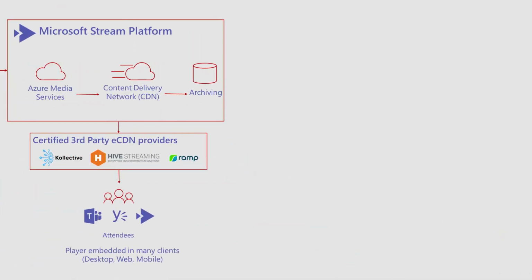As I mentioned, this is delivered via Azure. If you have anticipated that you will have a lot of internal users that will consume your stream, in order to avoid breaking your internet breakout, you should consider talking to Collective, Hivestream, or Ramp in order to make sure that you have one client accessing the stream and then distribute it within your internal network.